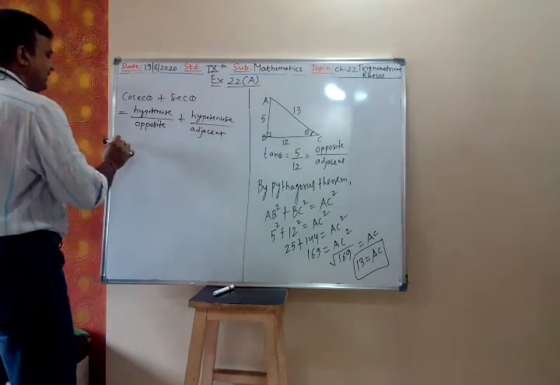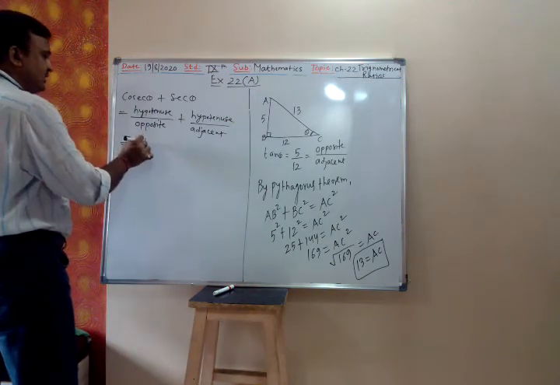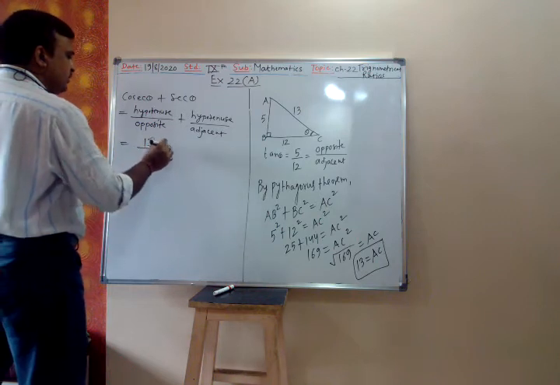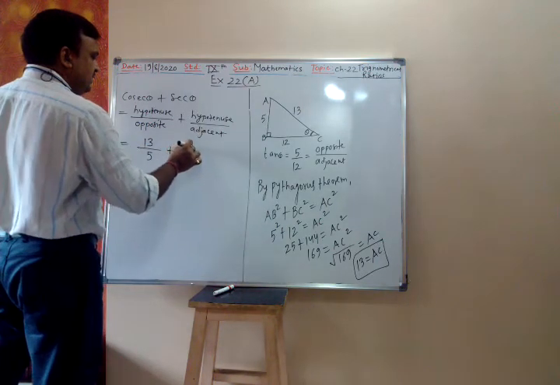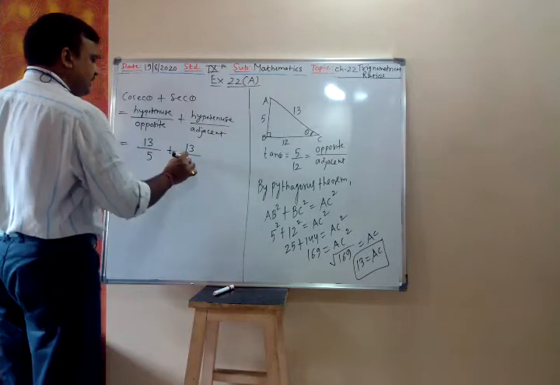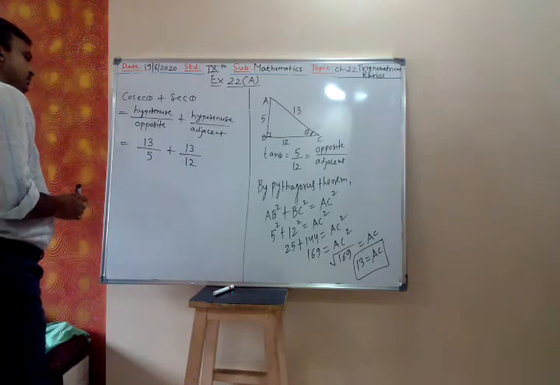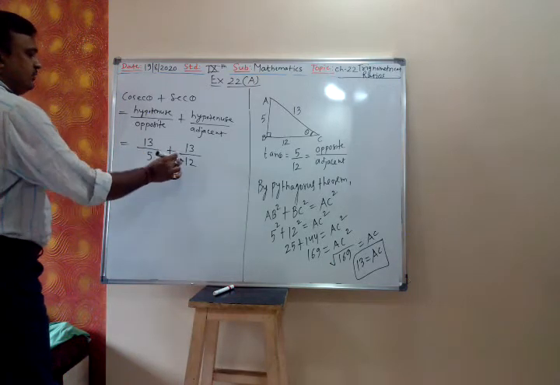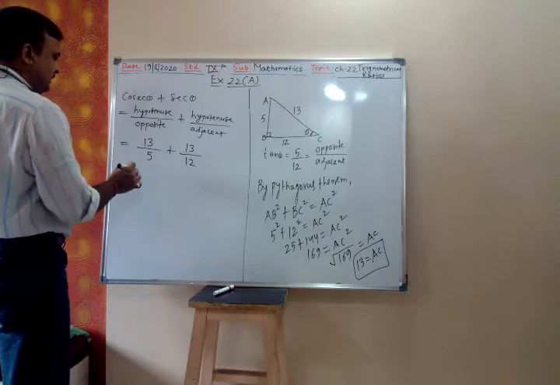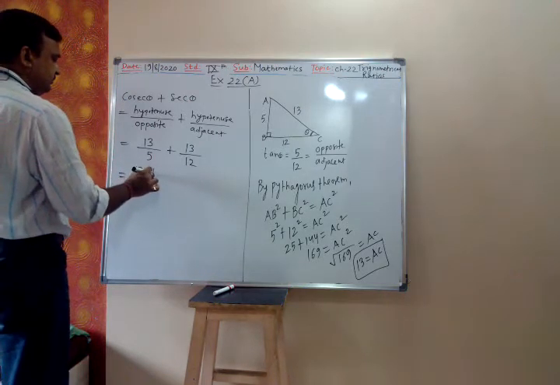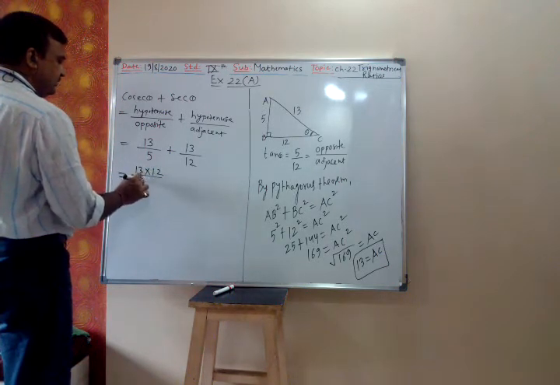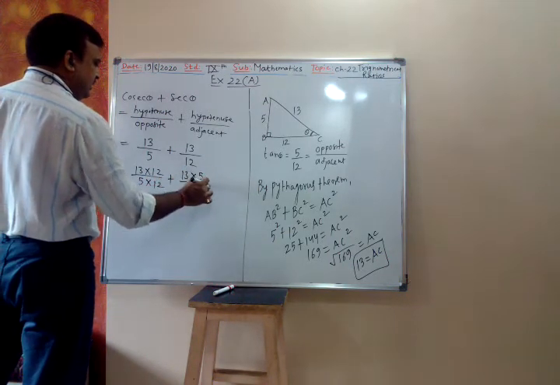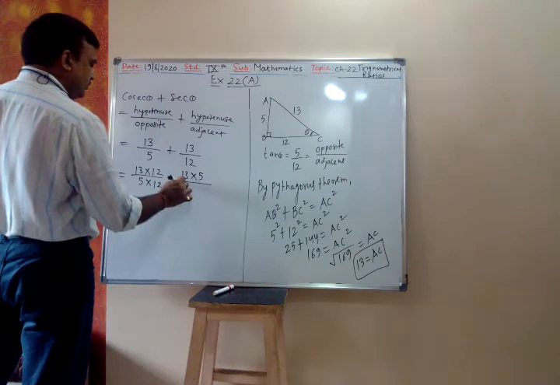From this diagram, hypotenuse is 13 and opposite to theta is 5, so 13 by 5, plus hypotenuse 13 and adjacent 12, 13 by 12. The LCM of 5 and 12 is 60, so 13 into 12 upon 5 into 12 plus 13 into 5 upon 12 into 5.